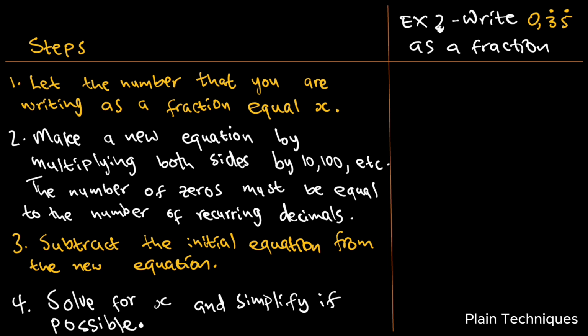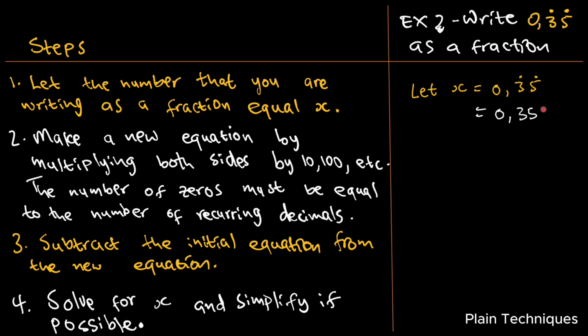So first step is let x equal 0.35 recurring. That is my first step. Now what does this mean? If you have 3, 5 and you have those dots, how can you write that? This can also be written as 0.35, so it's 35, and these two dots mean that 3 and 5 are repeating.